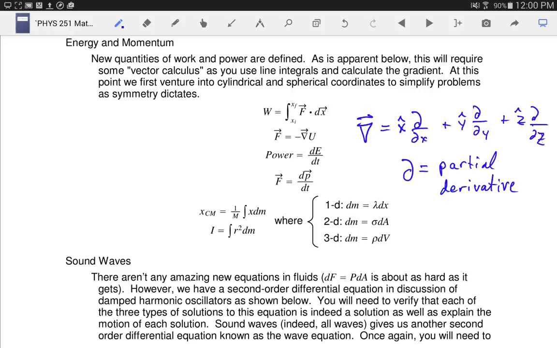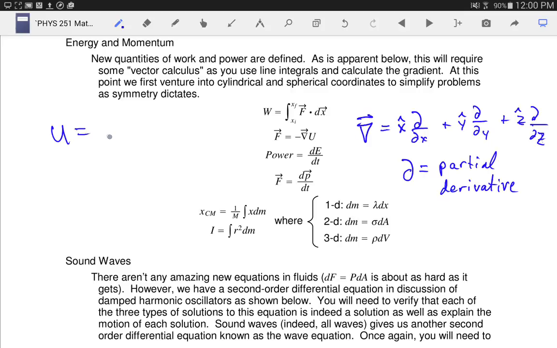But if it's a partial and x is a variable that changes with time, I don't care. I'm only taking the derivative with respect to time, and I just say x is constant for my considerations. So the partials are easier derivatives because you get to treat any variable that's not in the denominator here as a constant.